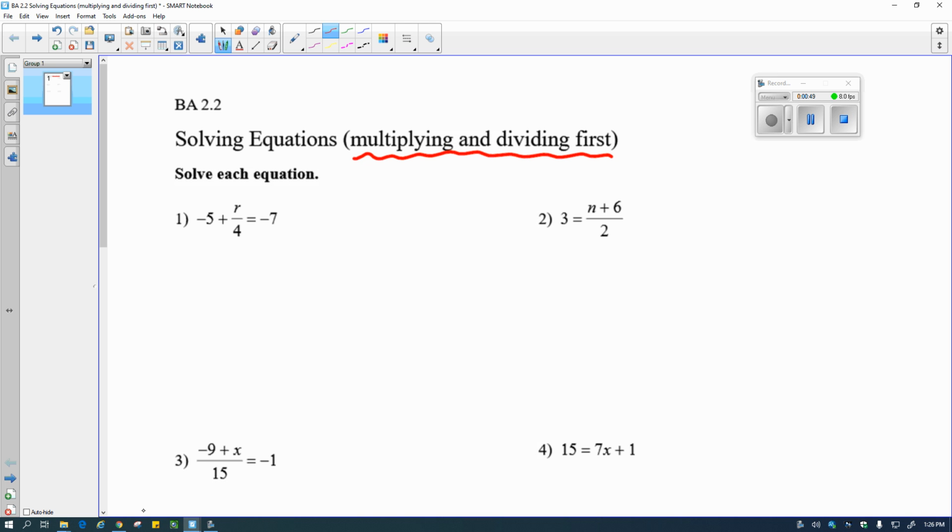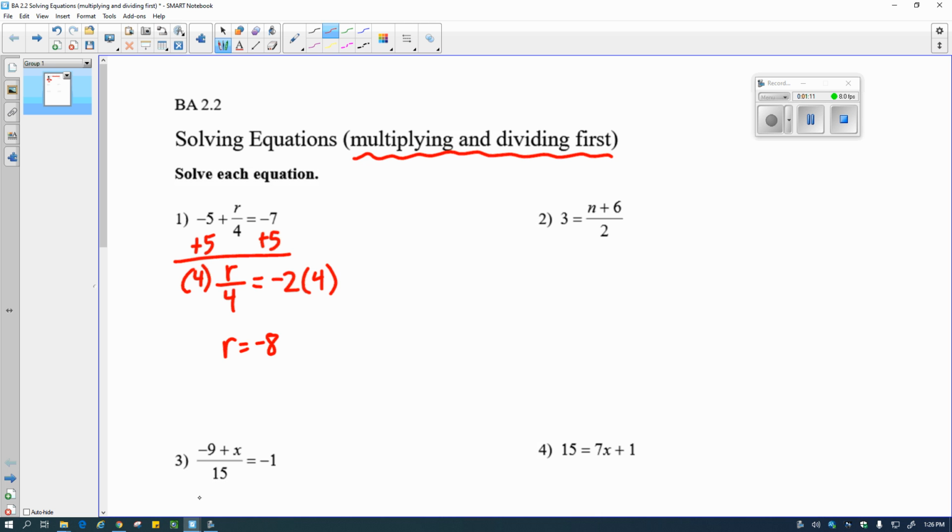In the first one, I can solve this like normal, where I would get rid of that negative 5 by adding it on both sides. I bring down what I'm left with. Negative 7 plus 5 is negative 2. And then I'll multiply that division out, and r is negative 8.